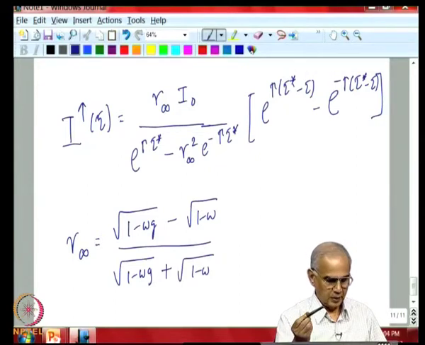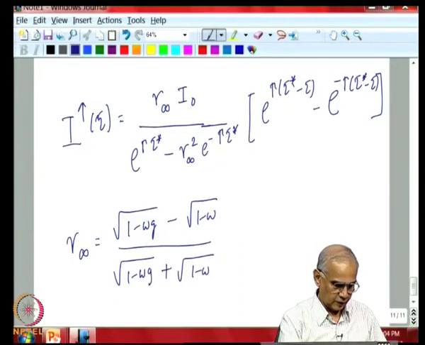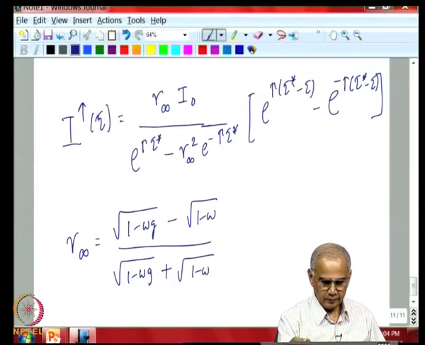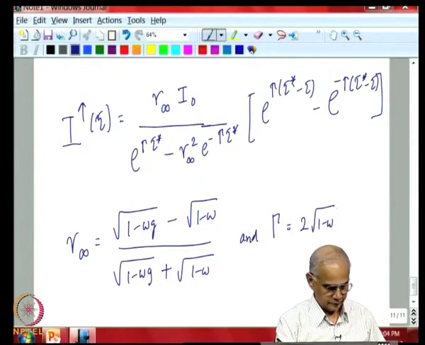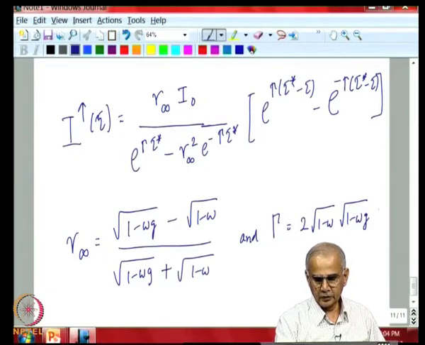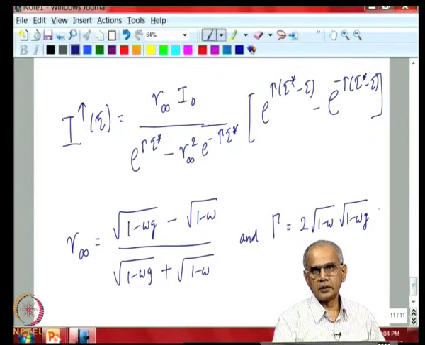So, this is essentially a parameter related to total reflectivity of the medium, which we will highlight. And gamma, the parameter that comes in the solution, is related to the single scattering albedo and the asymmetry parameter.